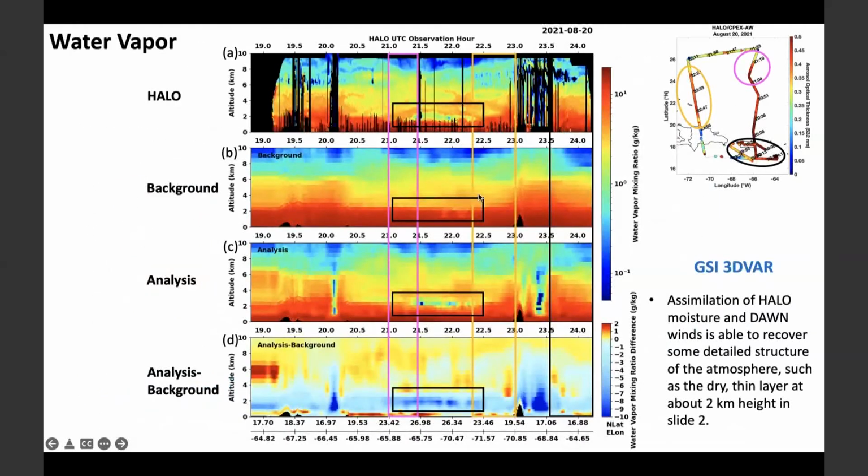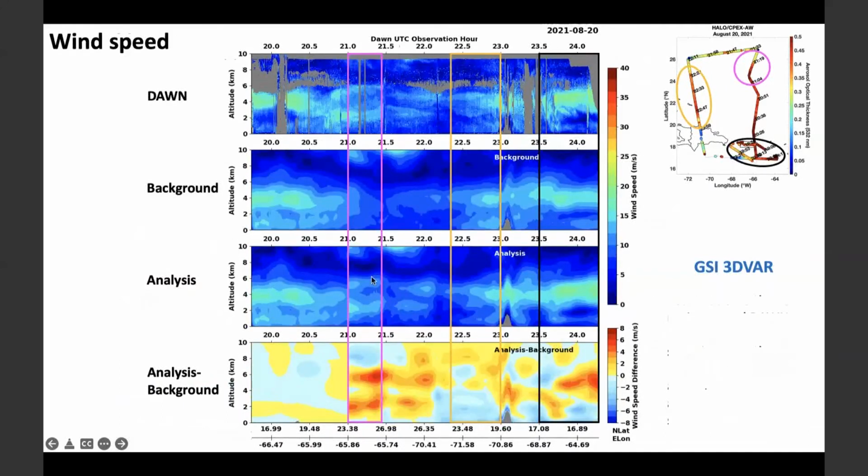This is the observation at the top, and this is the background from the model. With her data assimilation scheme, she does the analysis and is able to get these detailed dry air and dust into the model, and you can see the difference between analysis and background. So with wind speed, data assimilation certainly makes quite a bit of difference.